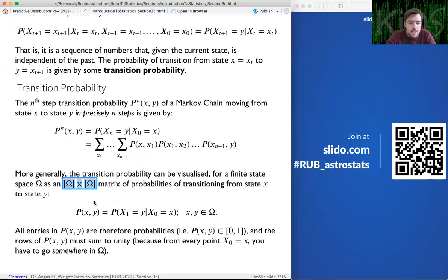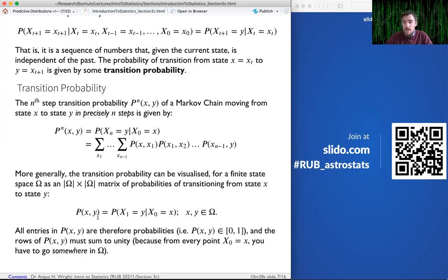Again, it's just this conditional probability, and all entries of this matrix are probabilities, so they have to be between 0 and 1. An important thing to recognize is that the rows of P of X of Y have to sum to unity.